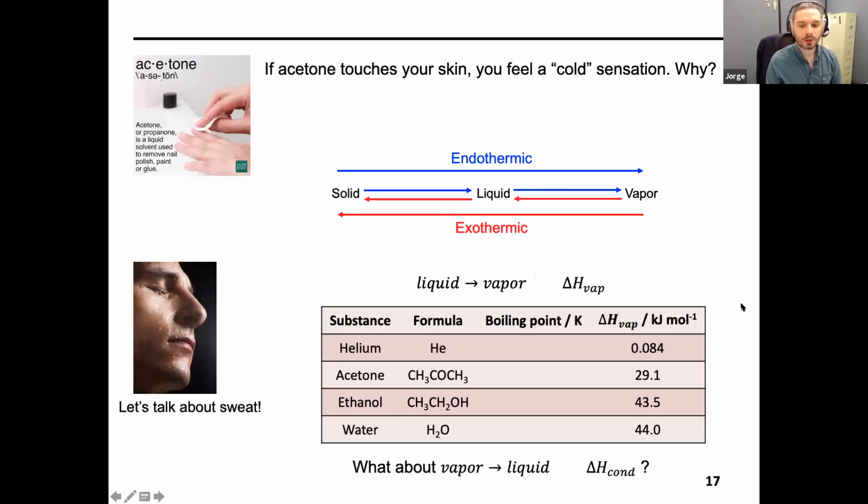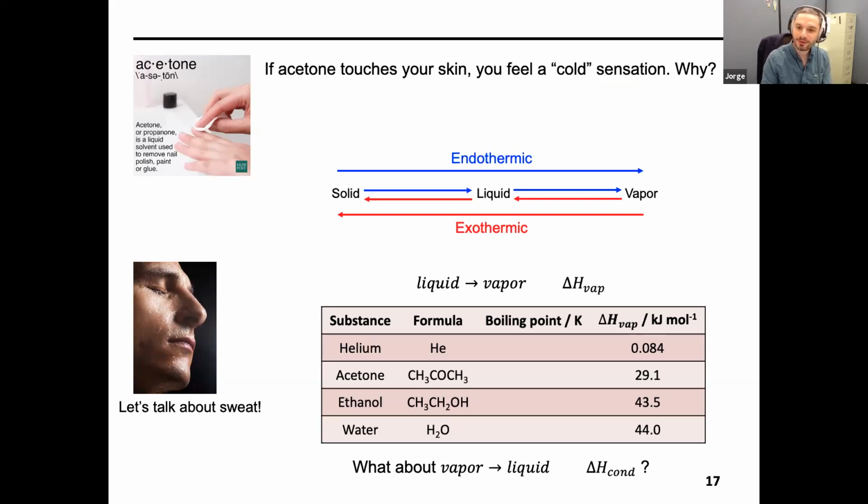Now let's talk a little bit about some examples. You did something similar already yesterday during the discussion section. Let's talk about the physical state transformations. If we start from the solid state and we need to move to the liquid state or to the gas state, every time you have a solid, you need to provide energy to melt the solid.